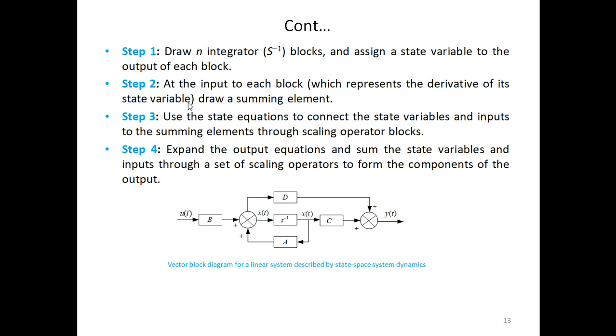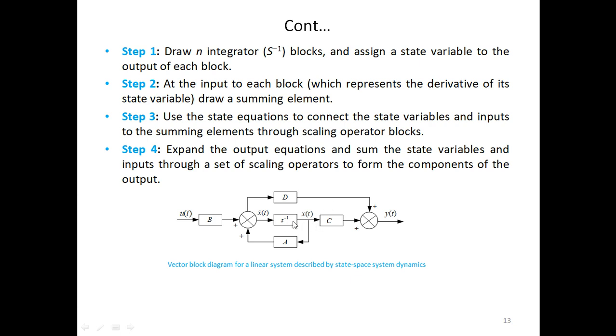In step 2, for the input to each block, there is a summing input. So this is your integrator, 1/s gain block, and to the left of this one we have to consider the summing point, the summer. Then in step 3, use the state equations to connect the state variables and inputs to the summing elements through scaling operator blocks.